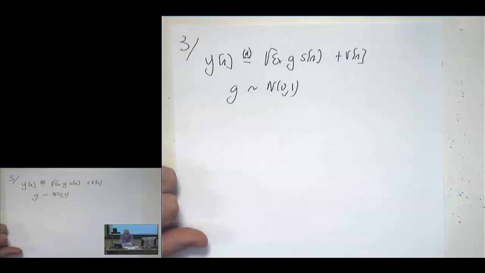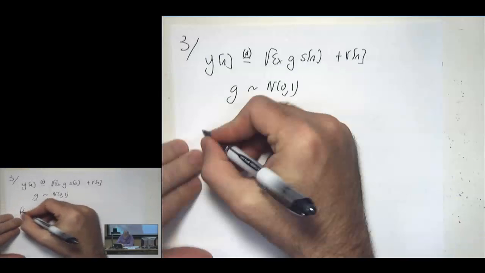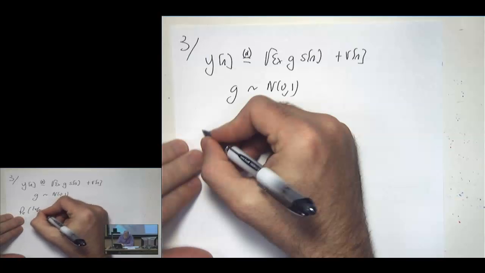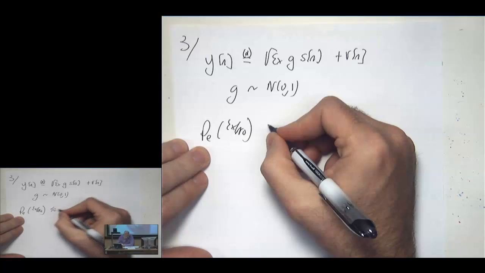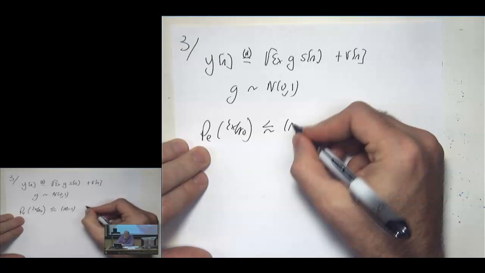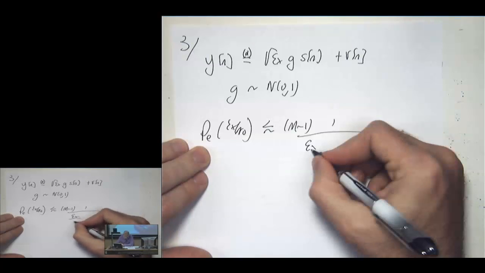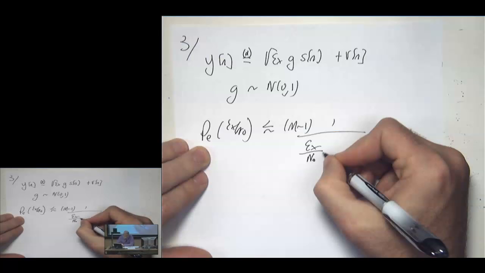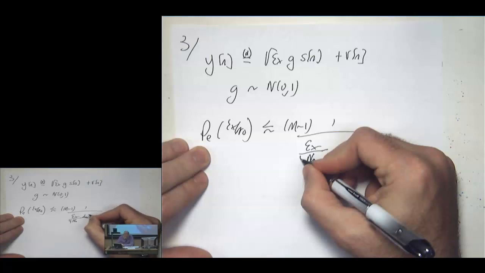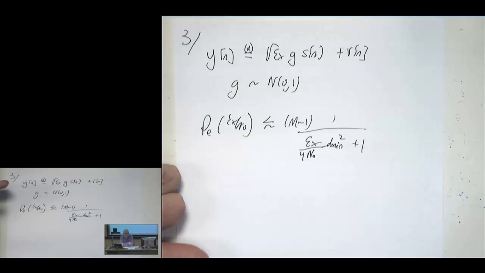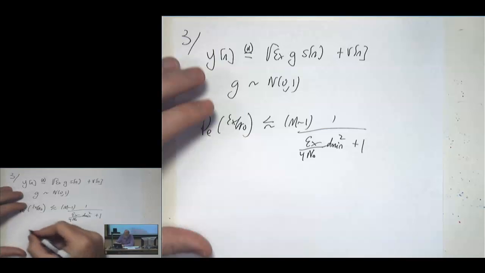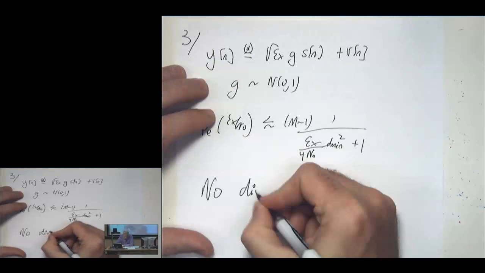This was the first scenario that we studied, so we know that its average probability of error at high SNR has this form, something like (NR minus 1) choose ..., (1 over Ex over N0) to the power of 4 d min squared plus 1, something like this. So we know that there's no advantage to having these multiple antennas. That's the point here. So there's no diversity advantage.